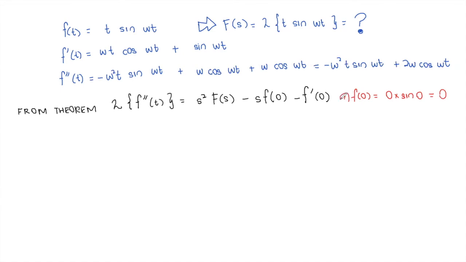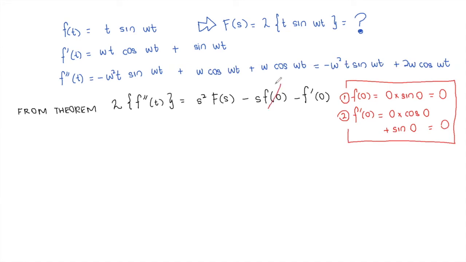When we substitute t equivalent to 0, we find that f(0) and f prime(0) are both equivalent to 0. So we can substitute these values and we are left with the Laplace of the second order derivative as s squared F(s). This formula we shall denote as formula number 1.